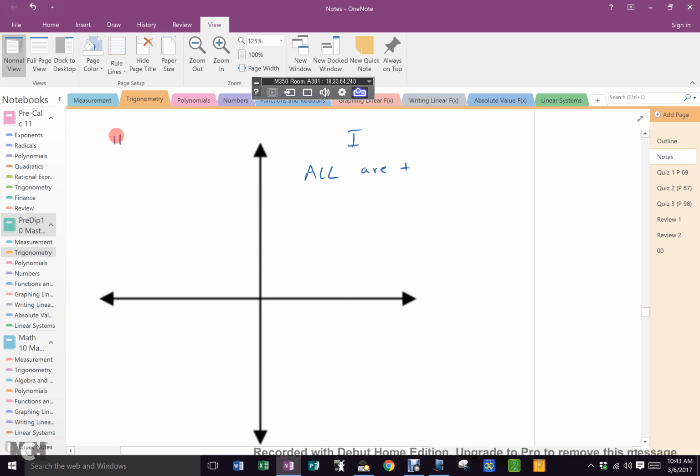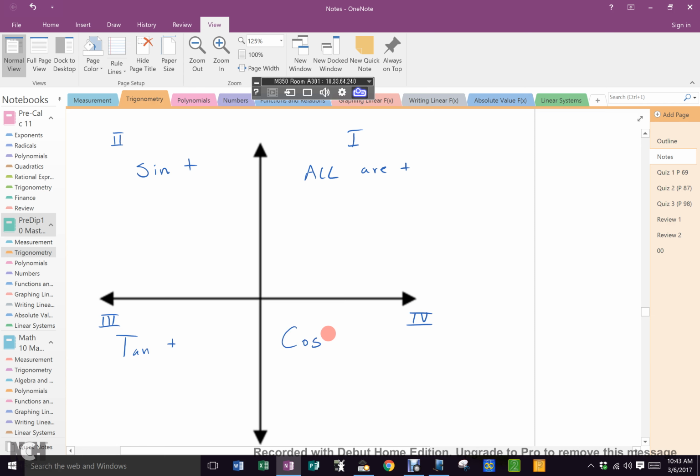In quadrant 2, what's positive? Sine is positive. What about quadrant 3? Tan is positive.